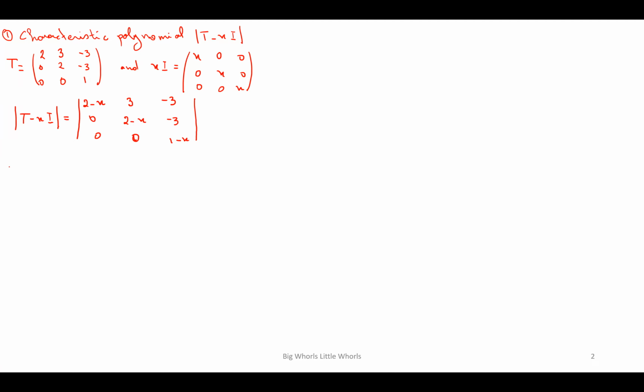So let's find the determinant using the Laplace formula, or cofactor expansion formula.